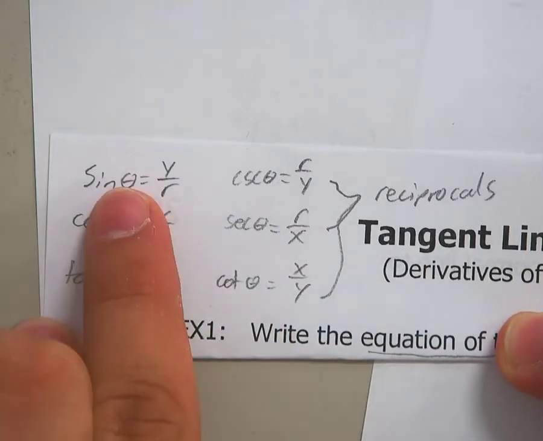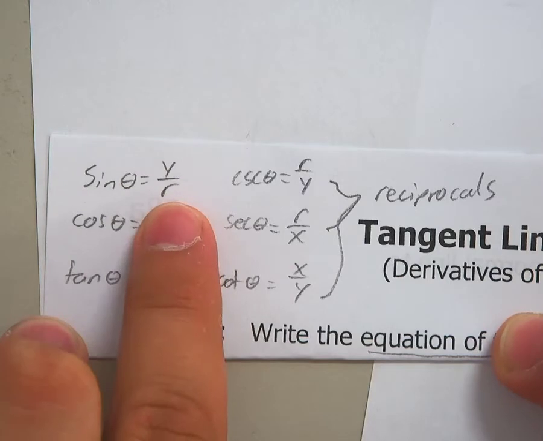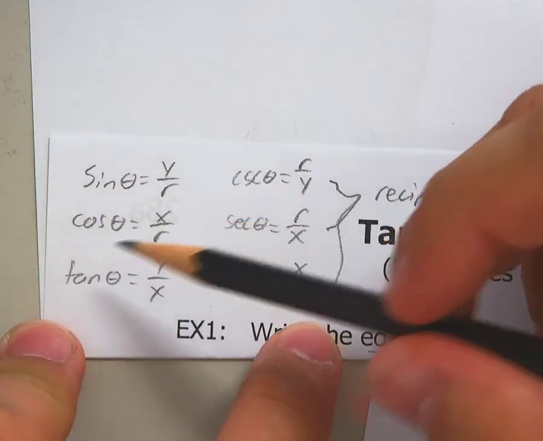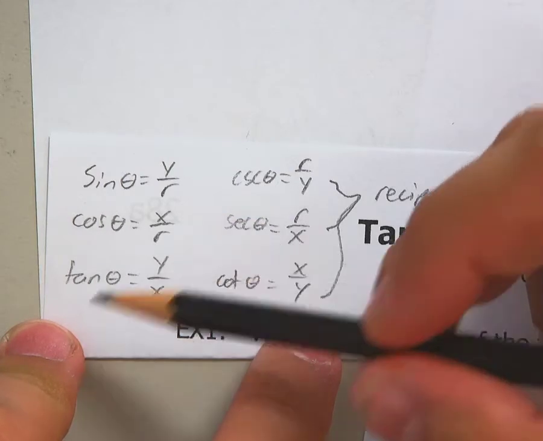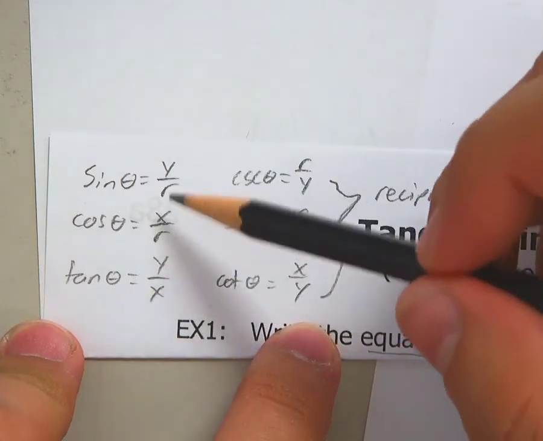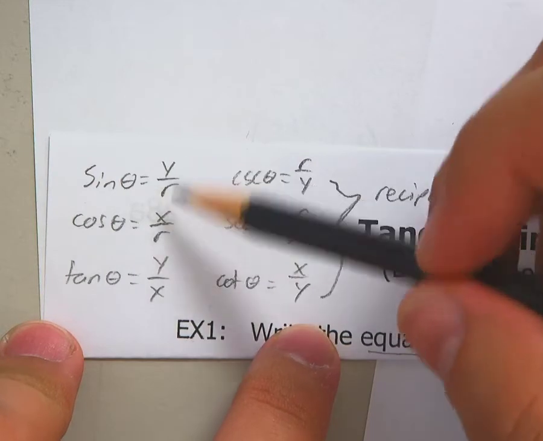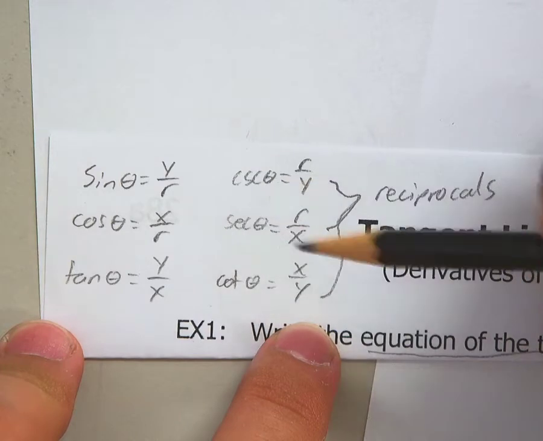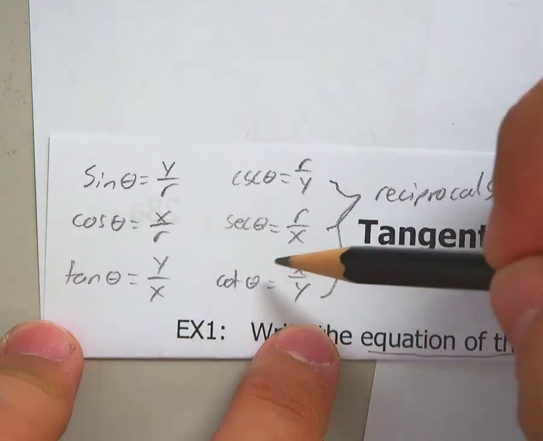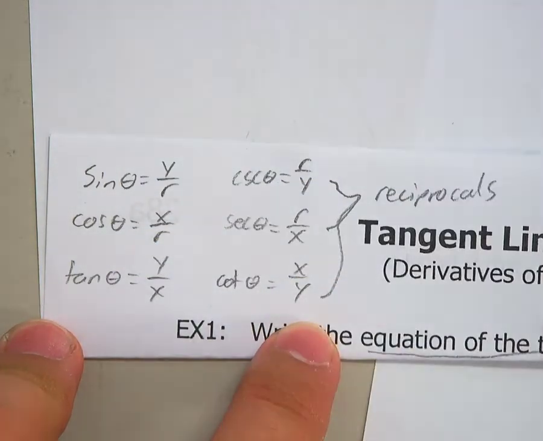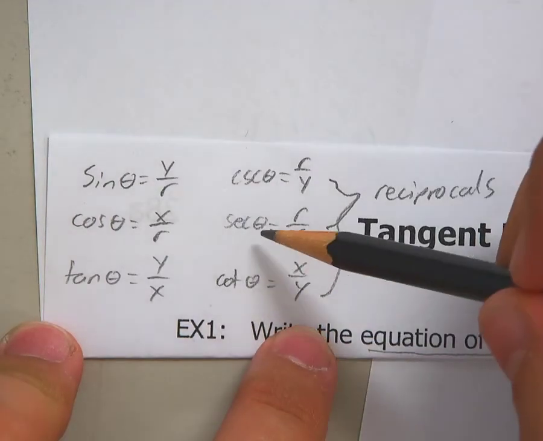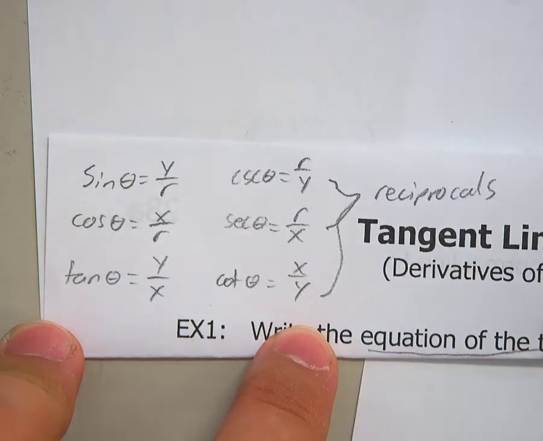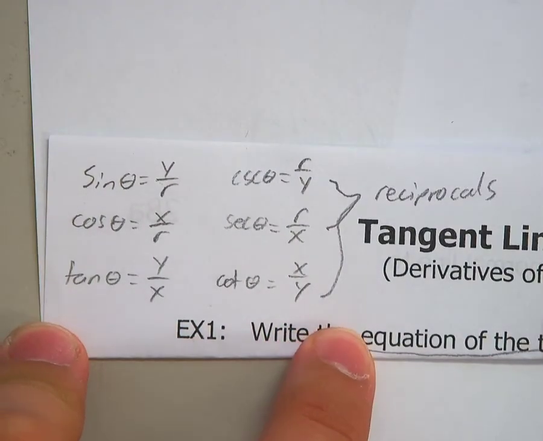Sine is your y value over your r value, but on the unit circle, r is always 1. Cosine is x over r. Tangent is y over x. Your sine and cosine are just your y and your x value because r is 1 here. To find cosecant, you flip sine. To find secant, you flip cosine. So if I need cosecant of pi over 3, I go to pi over 3, look at my y value, and flip it. Pause those, get them down really quickly.